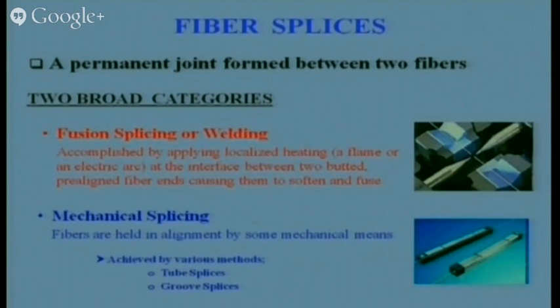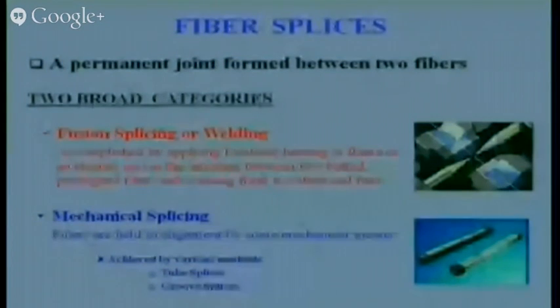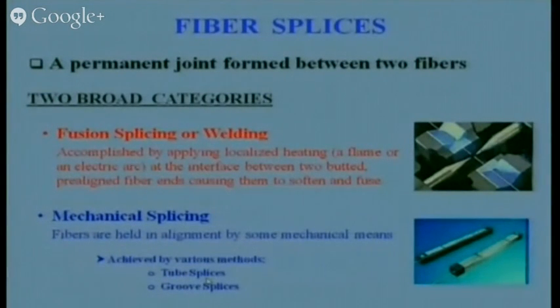Mechanical splices are basically fibers held in alignment by some mechanical means. I can use a very fine narrow tube, what you call a tube splice. I can put the two fibers in a very fine capillary, of diameter around 130 micron, since my core and cladding is 125 micron.